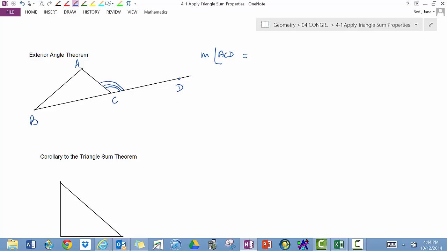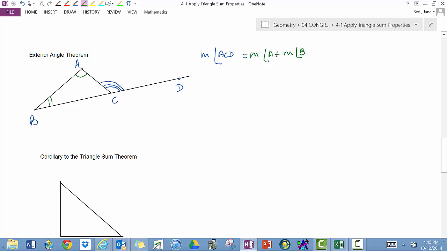Remote means that those angles are not adjacent to angle ACD. So the non-adjacent angles that are also in the interior are these two angles A and B. So measure of ACD is equal to measure of angle A plus measure of angle B.